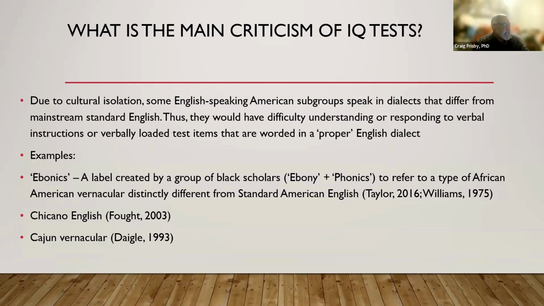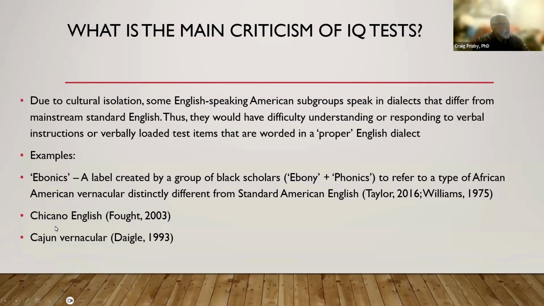Some examples of what some of those dialects are: you may have heard of Ebonics, which is basically a dialect manifested by some Black children, particularly in certain kinds of environments, that refers to a kind of vernacular that is different from standard American English.